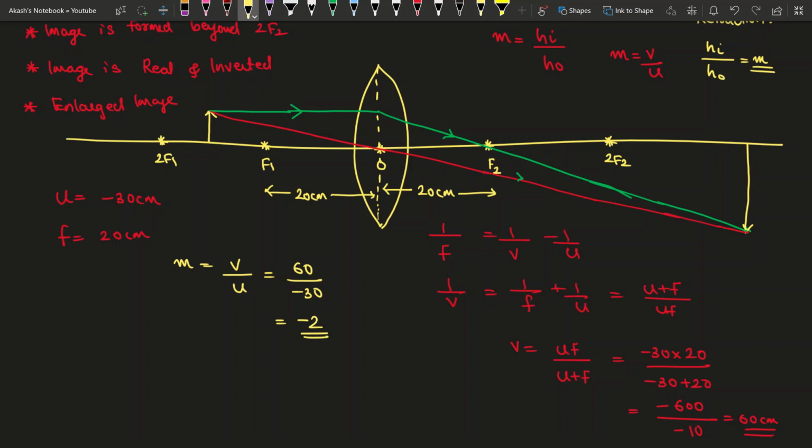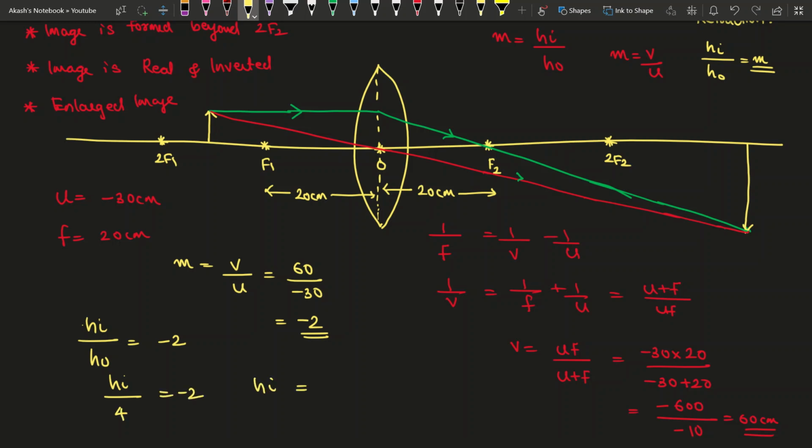minus 2. If magnification is minus 2, we can say height of the image divided by height of the object equals magnification, which is minus 2. Since the object is perpendicular up to the principal axis, that will be considered as positive. Therefore, the height of the object is 4 centimeter, that is also positive, and the ratio is equal to minus 2.